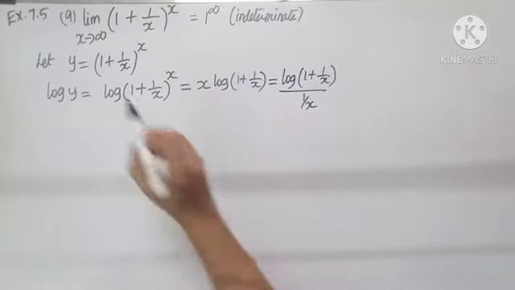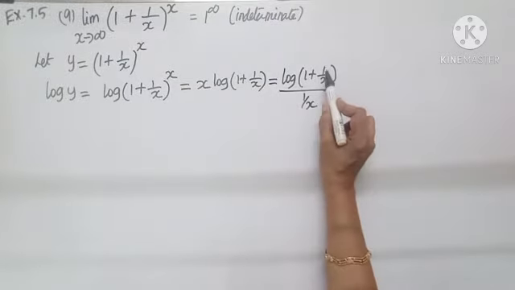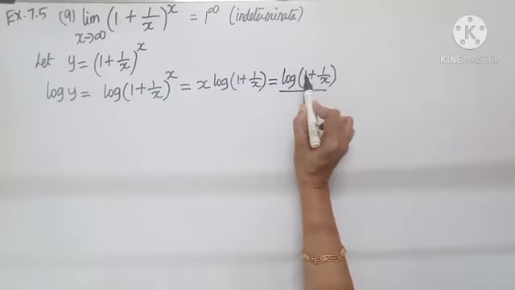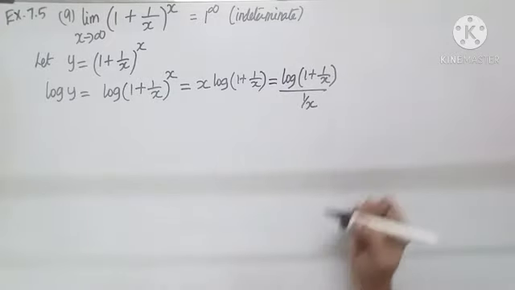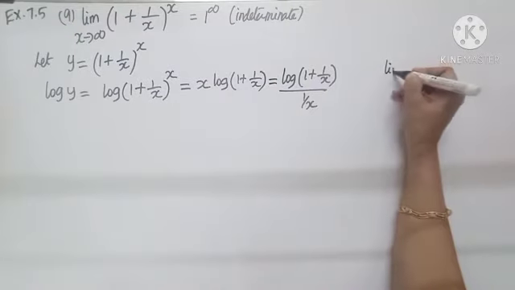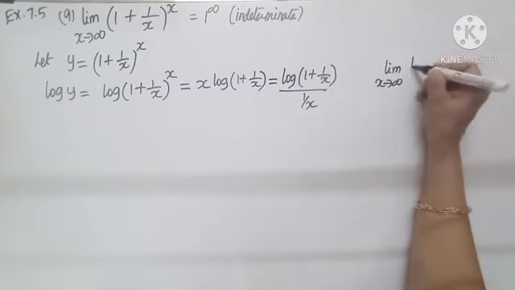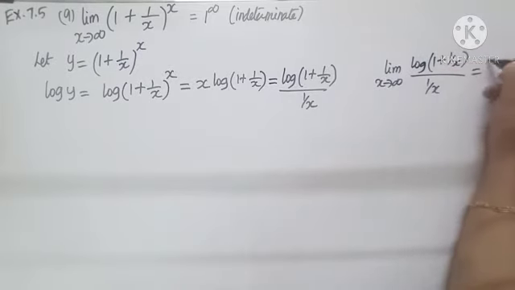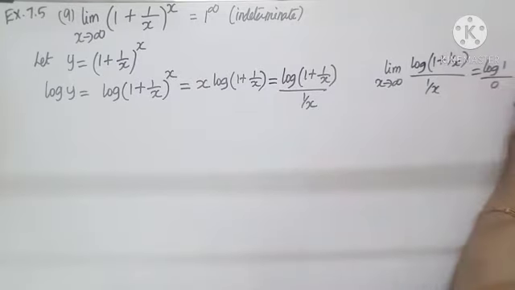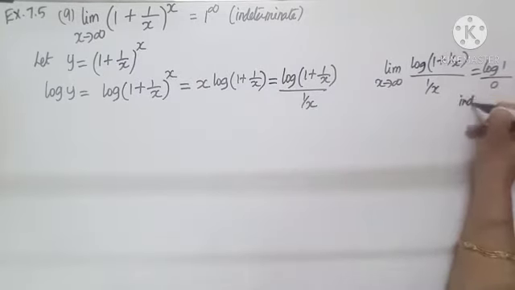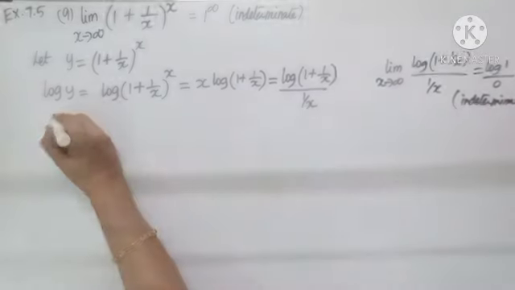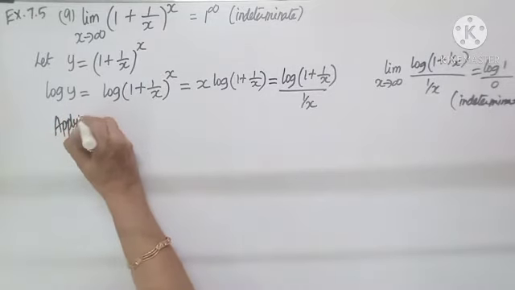Check whether applying the limit helps you in any way. 1 by infinity is 0. Log 1 gives me 0 by 0 pattern only. So let me write limit x tends to infinity log of 1 plus 1 by x by 1 by x, which gives me log 1 by 1 by infinity, 0, which is 0 by 0, and that is also indeterminate. Applying L'Hopital's rule for log y.